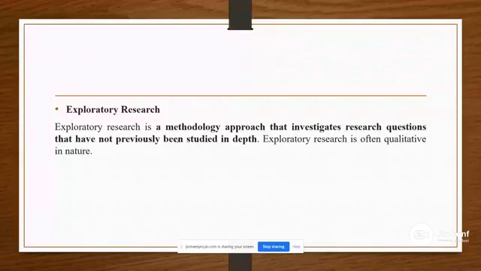So that was exploratory research. A new kind of research: how such an environment, when you see corona patients everywhere, impacts your psychological level. So if you are doing such research, or you read a paper where people are doing research on a new topic, that means it is exploratory research.